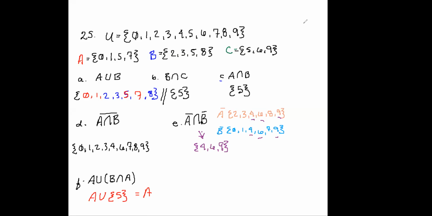Let's think about G, not C. G starts with C intersecting A, and then that's another intersection with the complement of A. So, C intersecting with A, what does that look like? 5.